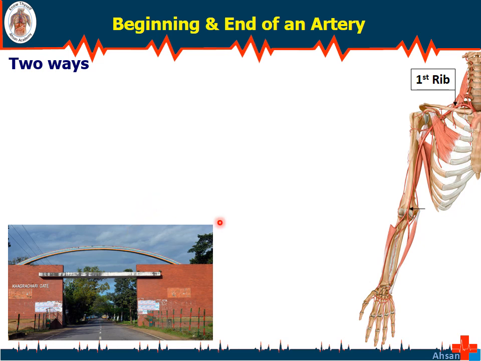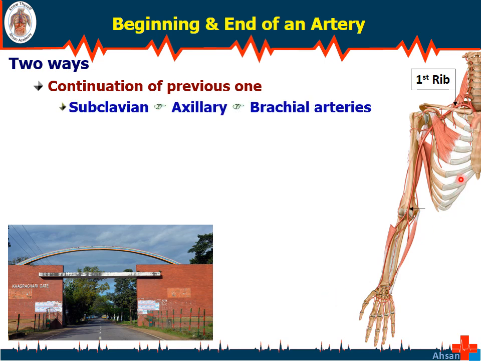This is continuation, but for better understanding and better locating, we divide it with different names. Sometimes this road gives some branches with a different name, so we can say this is arising from the main road. The same thing happens for the arteries also. It is a continuation of the previous one.